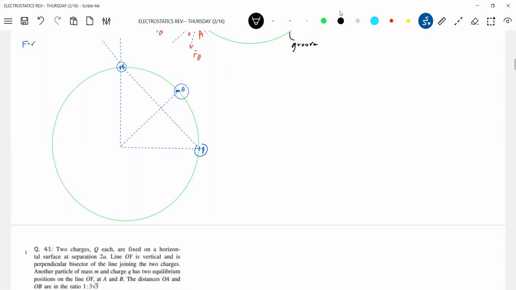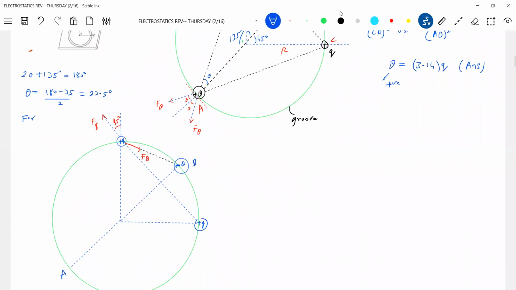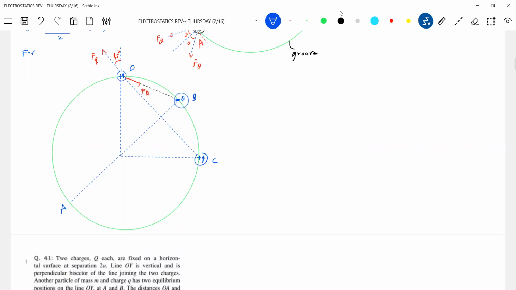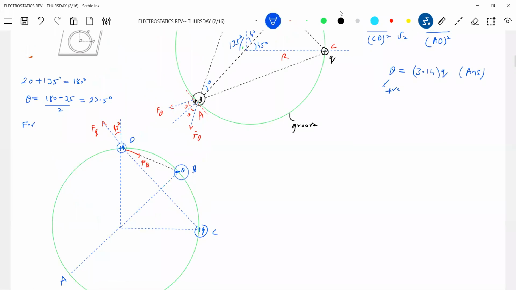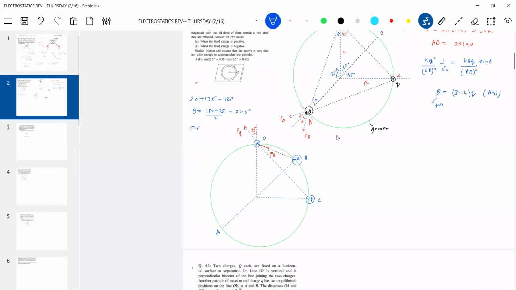Now the line joining these two will exert a force. Again, the idea will be the same here. So this force will be F_Q, you take F_Q, along the same line AB. I'll make the diagram small so that both are visible.